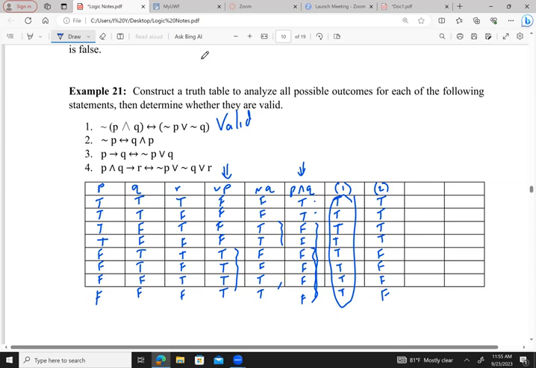Okay, so now let's look at number three here. I didn't think this out very well. Let's see. So I have a conditional, then I have a biconditional, then I have an or statement.